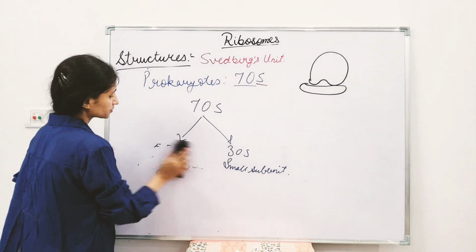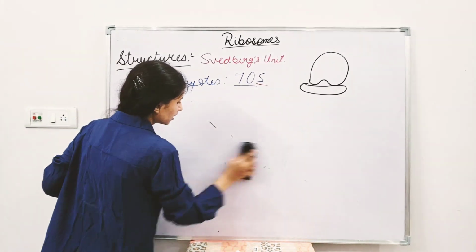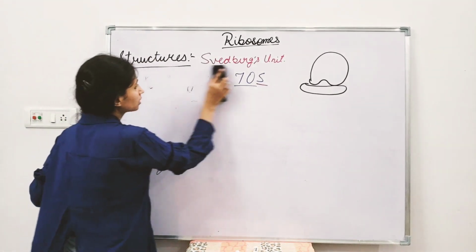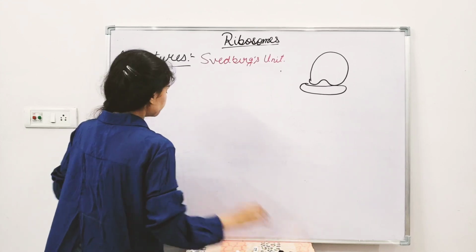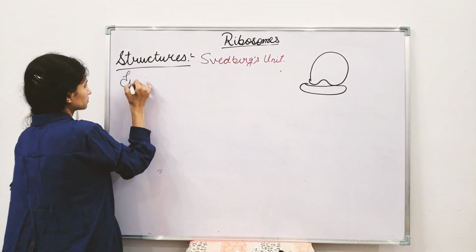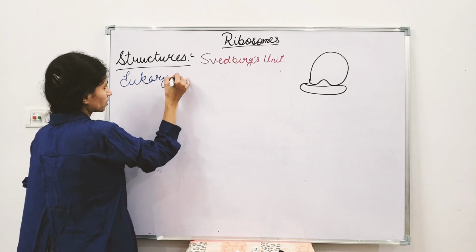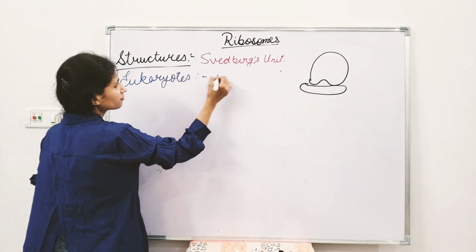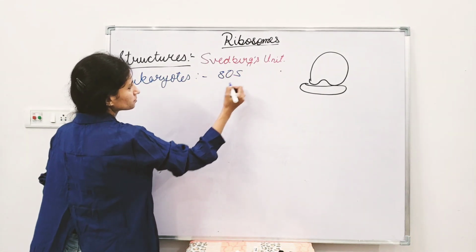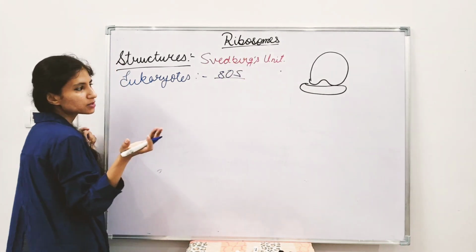On the other hand, when we talk about the eukaryotes, then eukaryotes actually have an 80S ribosome, okay, with the same Swedberg's unit.